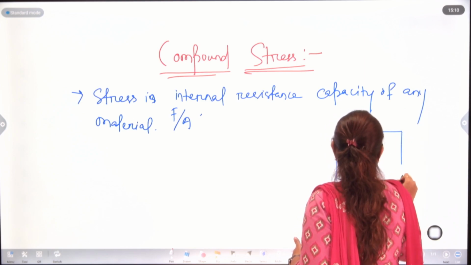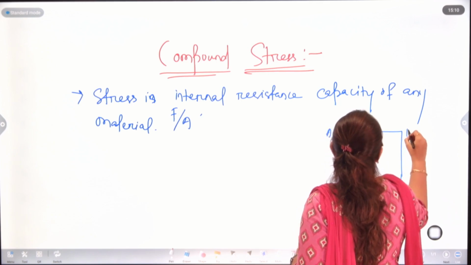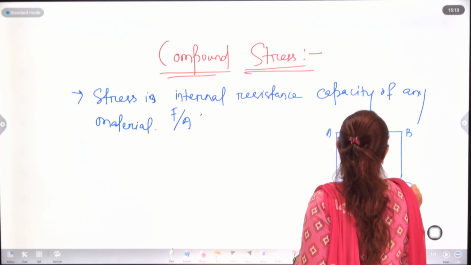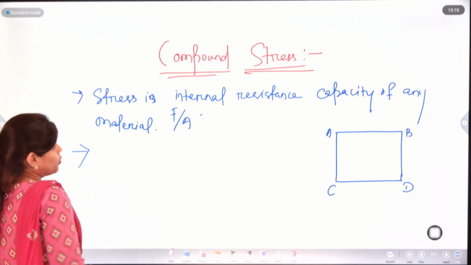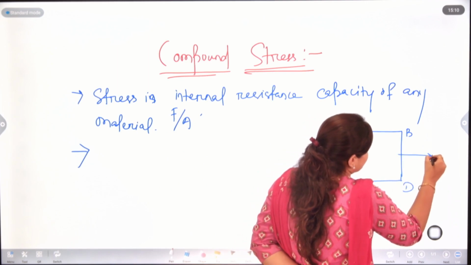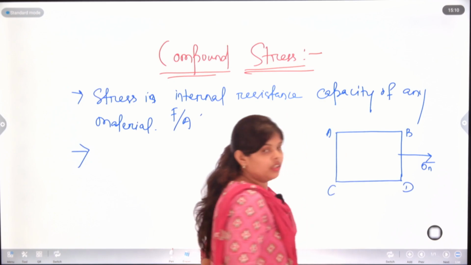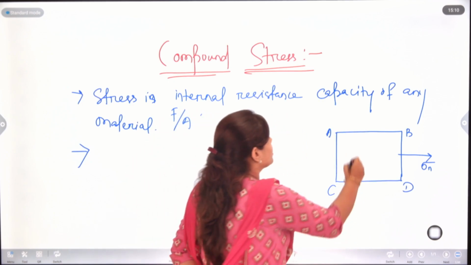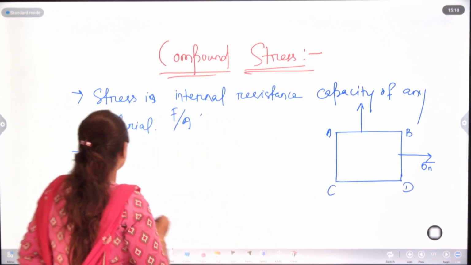Let us take this body as A, B, C, D. If there are any stresses acting perpendicular to the structure, we will term that as normal stress.